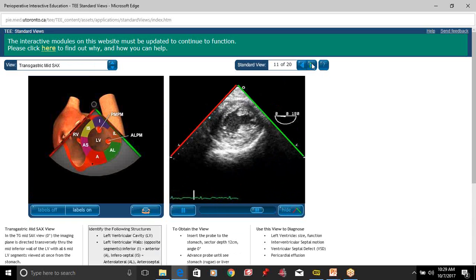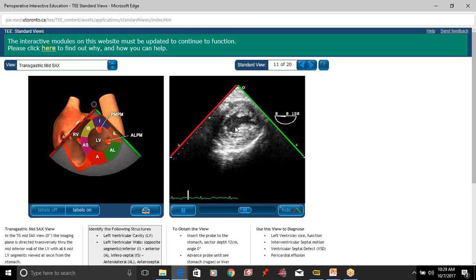So the probe is in the esophagus, you anti-flex it, and you're going to get something looking like this. This is a very good transgastric view. We call this a short axis. Again, this is your anterior wall down here, and this is going to be your inferior wall. This is the lateral wall, and your septum is over there.